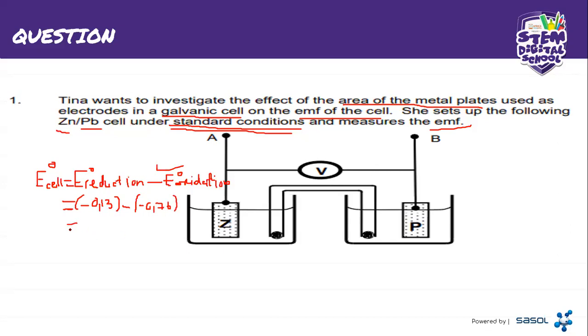Then I do the mathematics. Negative 0.13 will still be negative 0.13. Negative times negative gives me positive, and that will be 0.76 altogether. Then you do your mathematics. What is 76 minus 13?